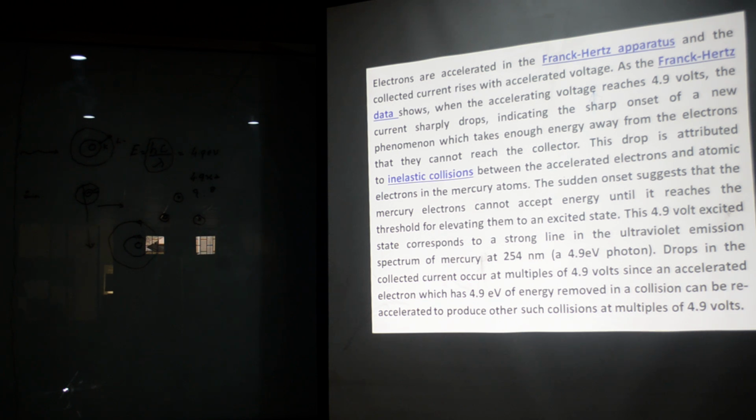So you can write 4.9 first excitation, again 4.9 multiplied by 2, second excitation, second peak, and 4.9 multiplied by 3 will give you the third peak.